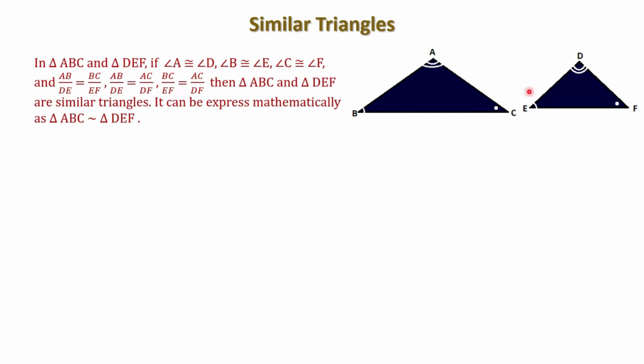See this AB upon DE, which is equal to BC upon EF. So this ratio is equal to the ratio of these two sides.